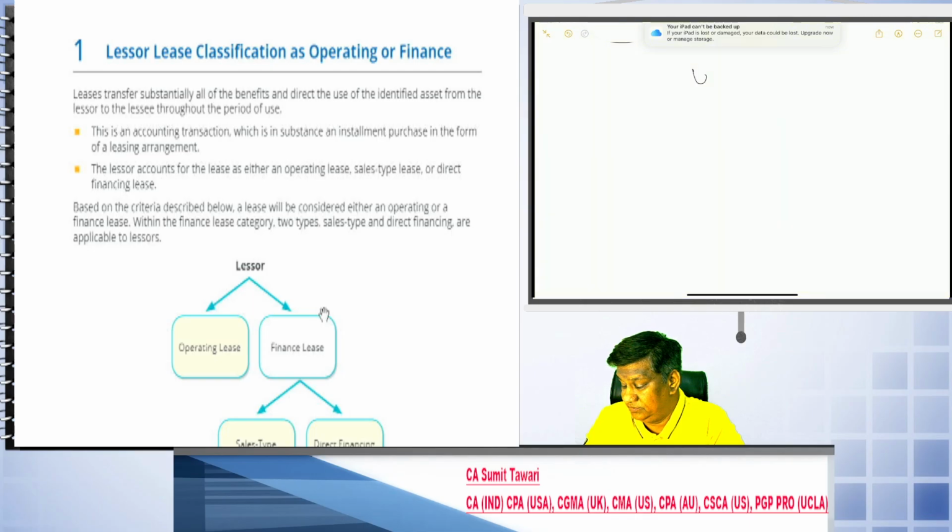Then lease. In lease, first is basically the lessee and then the lessor. The leases are basically finance lease and operating lease.